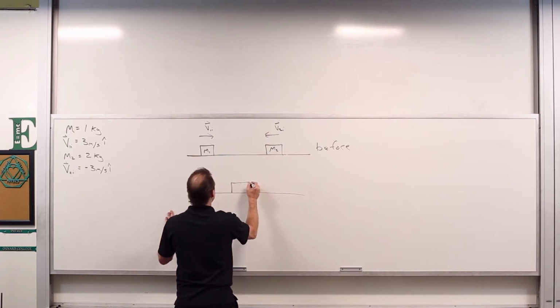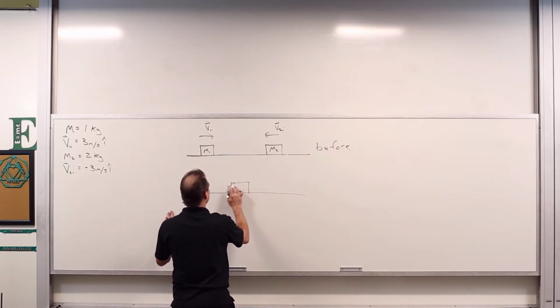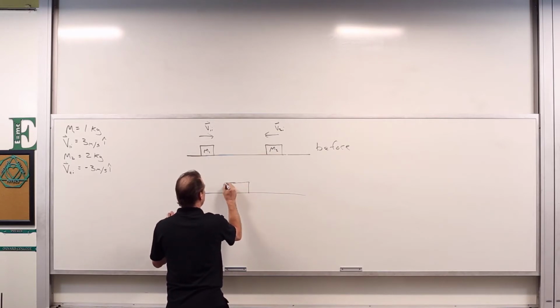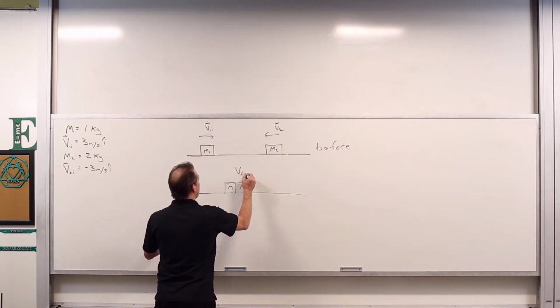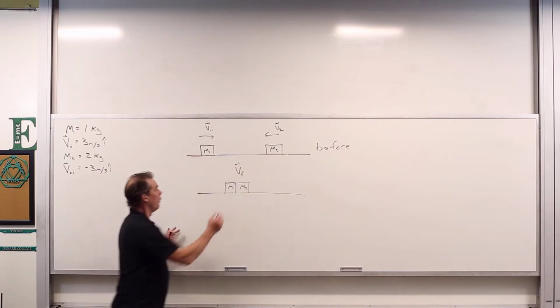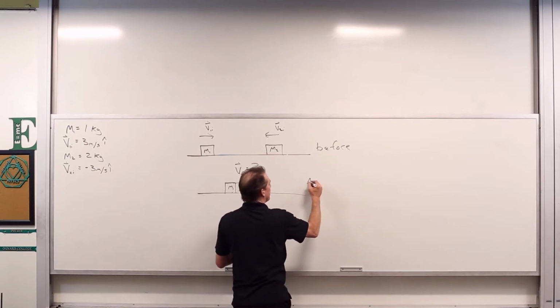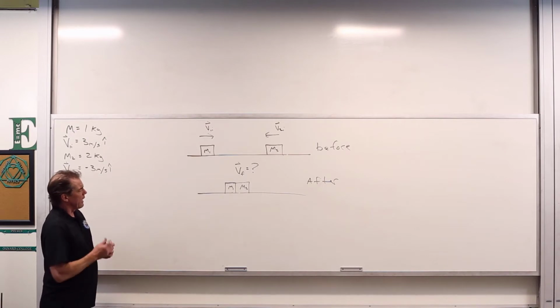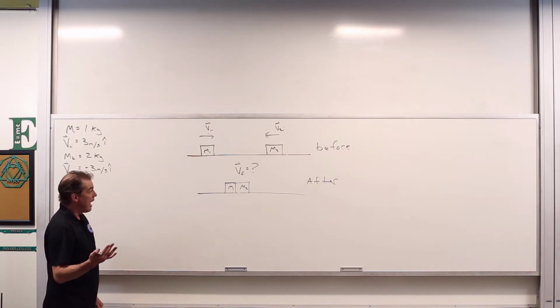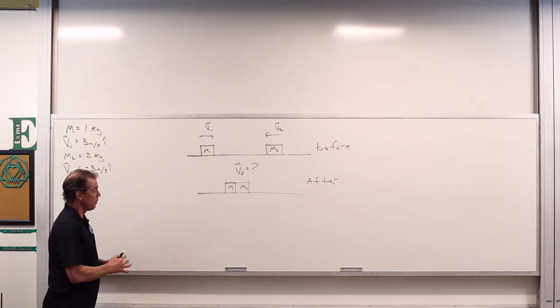Being that this is perfectly inelastic, we've got this m1, m2, and then some v final hat. And we want to know, what is this? All we've really got to go with is that this is a perfectly inelastic collision and conservation of momentum.